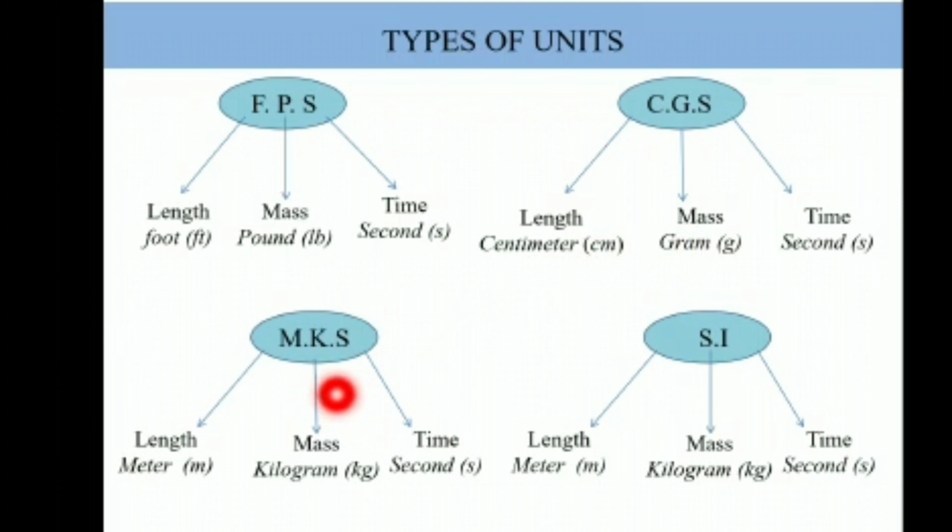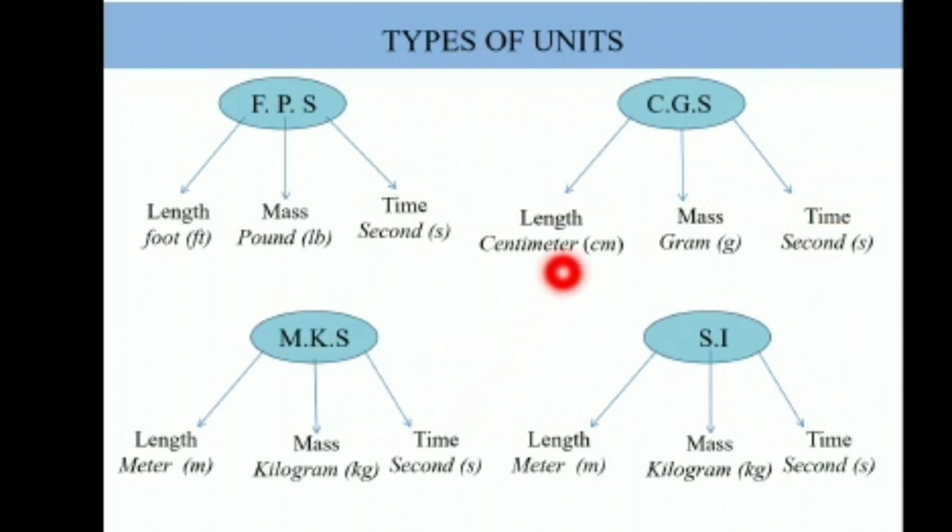And if you properly go through all the four systems of units, you will see that time in all the four systems is measured only in seconds. So time in all the systems of units is measured in the same unit, seconds.